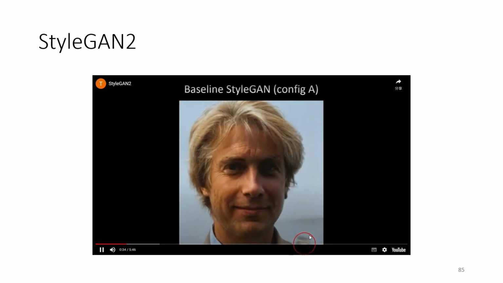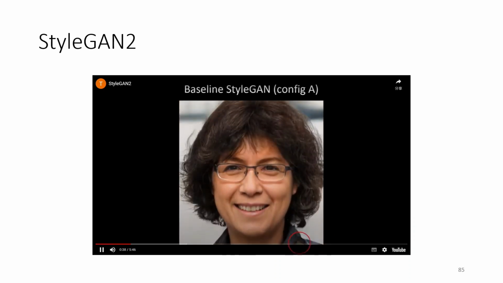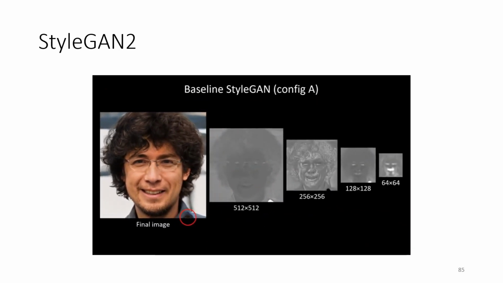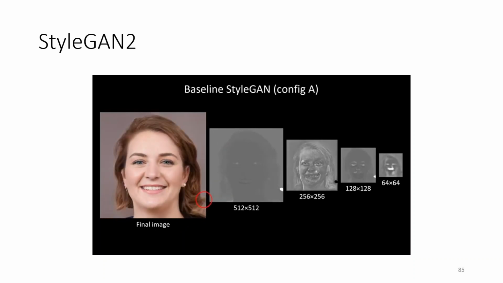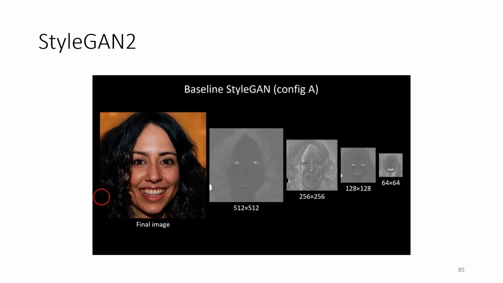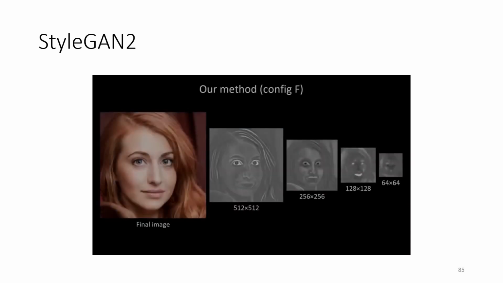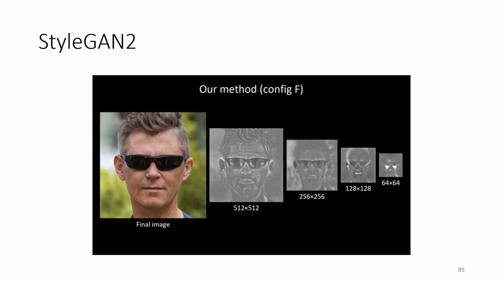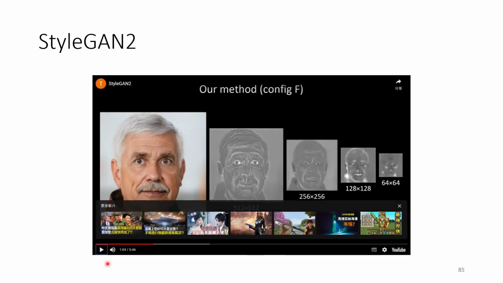Here, this is the drop-like artifact, follow the red circle. When they tracked the feature maps, they found the reason, and they developed a new architecture to solve the problem. Okay, let's stop here. If you are interested, you can take a look by yourself.